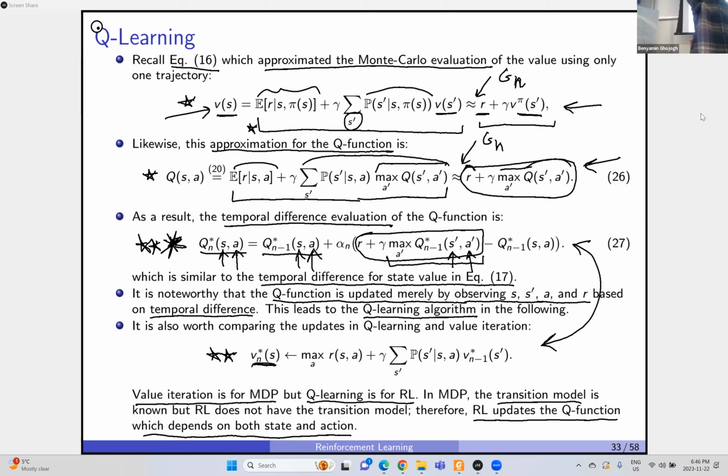But in reinforcement learning, I need to consider all scenarios, all cases, right? And the Q is a function of both state and action. For different actions, you take care of calculations. But in Markov decision process, you only consider the maximum reward, the value, right? So intuitively, I'm saying compare these two.